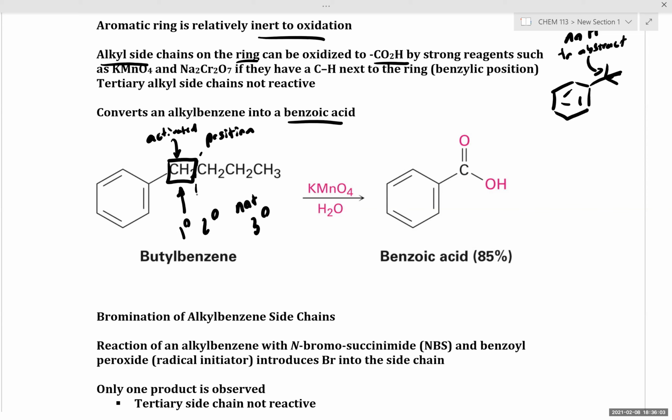So the benzylic position is relatively activated. You can oxidize the benzylic position, and you can oxidize this benzylic position all the way up to the carboxylic acid. Any questions on this example?